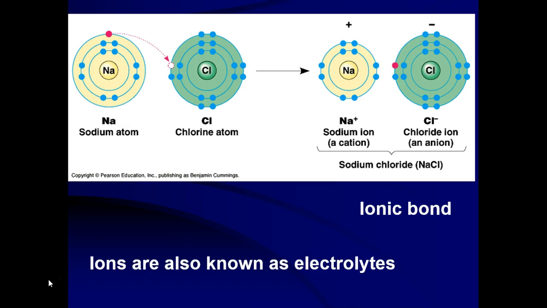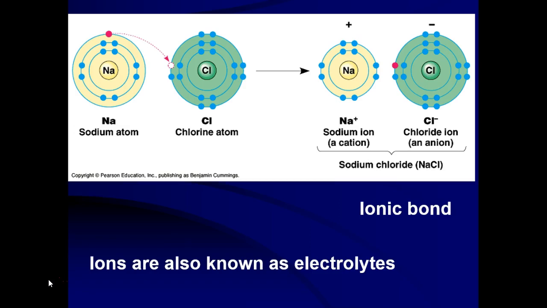By losing an electron, sodium becomes positively charged. By gaining an electron, chlorine now becomes negatively charged. In fact, when chlorine becomes an ion, we use the word chloride, a chloride ion. Now, the electrostatic attraction between them, the positive and negative charges, holds them together and forms an ionic bond.